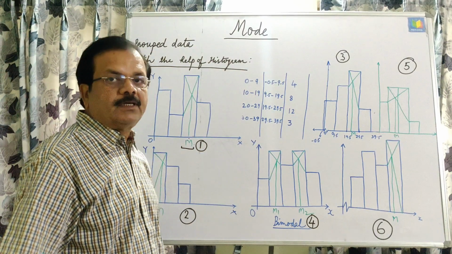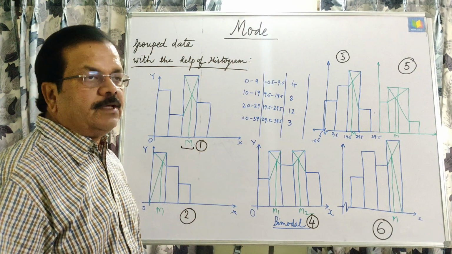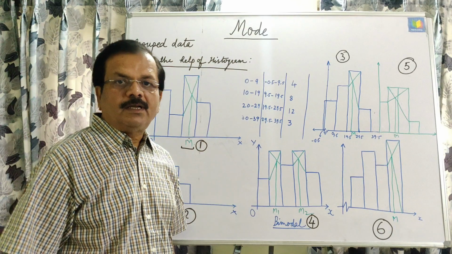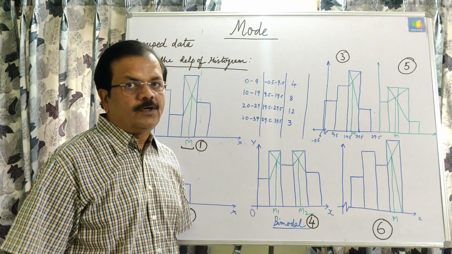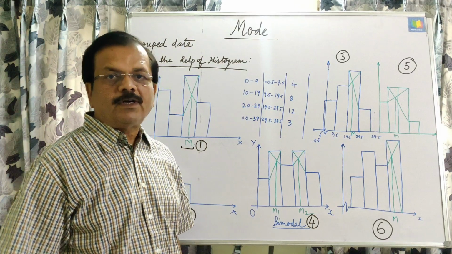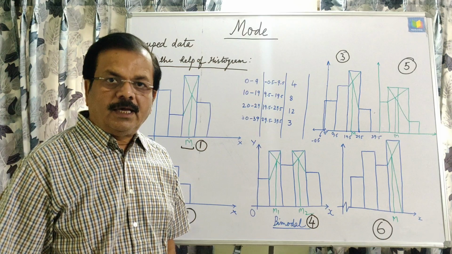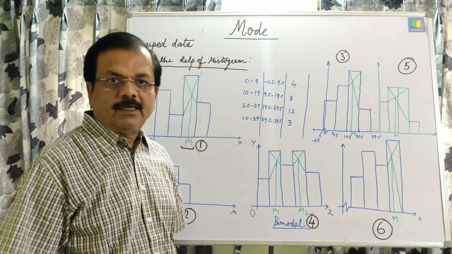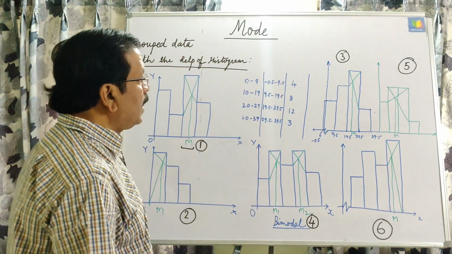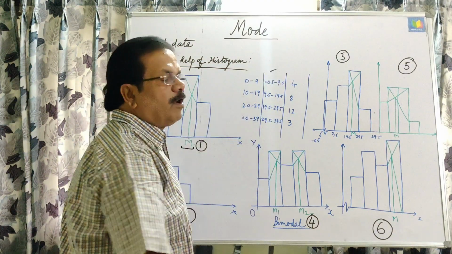Once you are given the question, you should see whether the given class interval starts from 0 or not. If it does not start from 0, then make a kink. And second, you should see whether the given class interval is continuous or not.